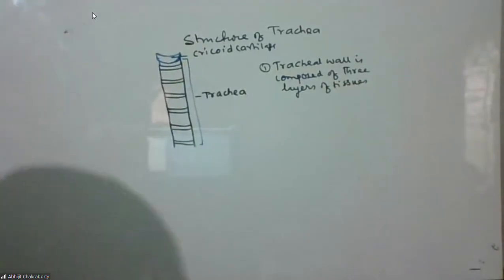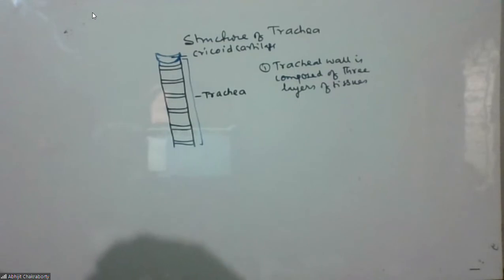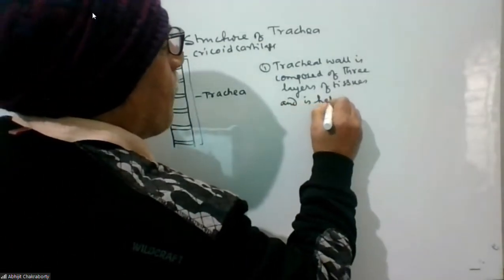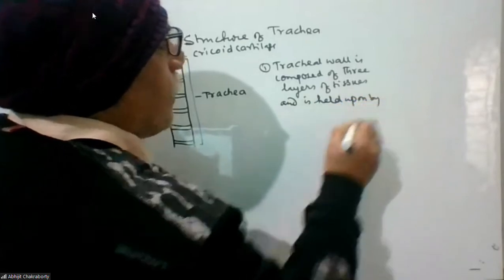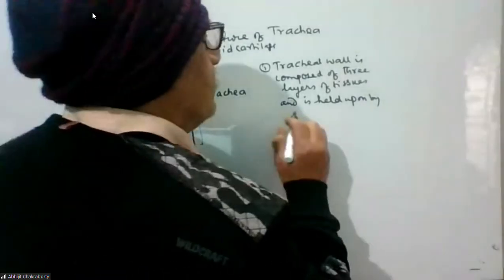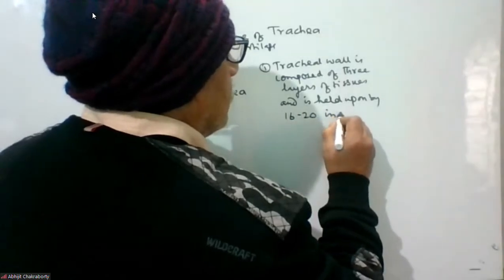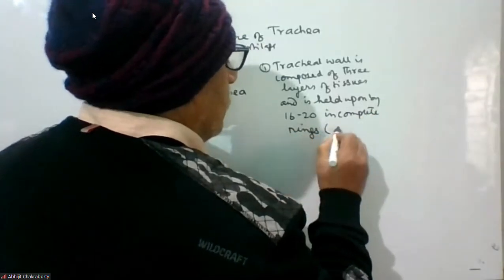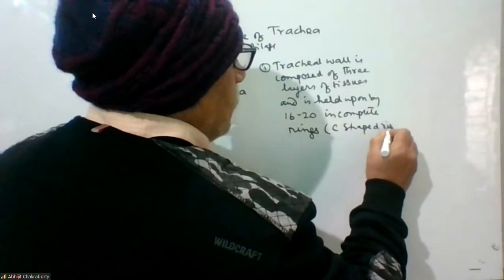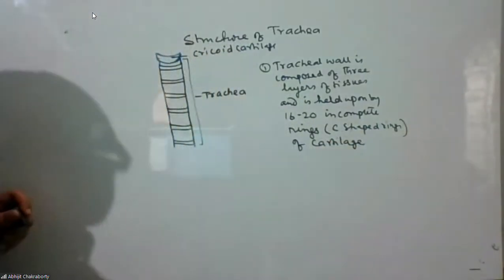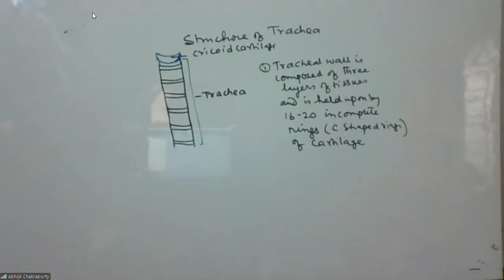The tracheal wall is composed of layers of tissue and is held open by 16 to 20 incomplete rings of cartilage.